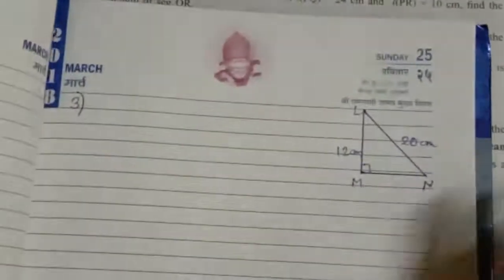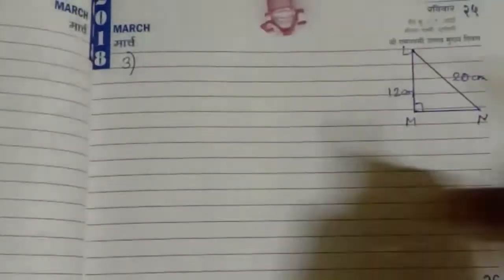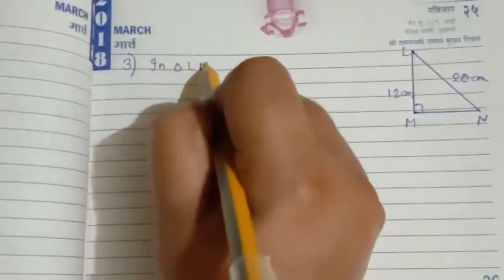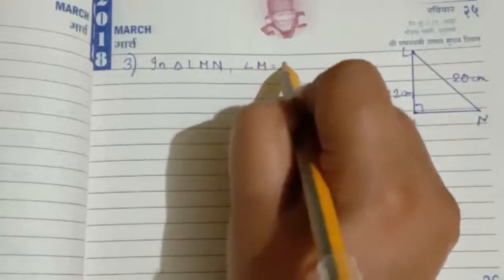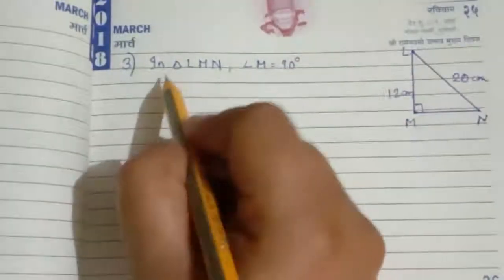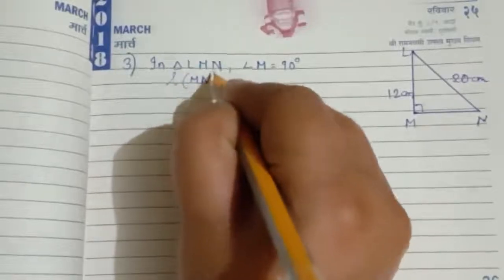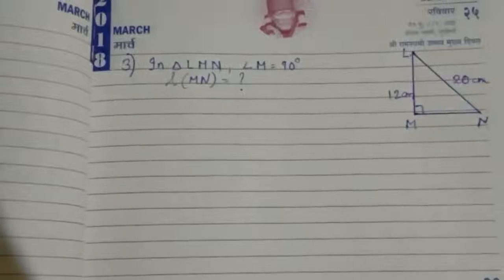Now first we will write what they have given us. That is, in triangle LMN, angle M is equal to 90 degrees. What we have to find out: length MN is equal to question mark. Now we have learned Pythagoras theorem.